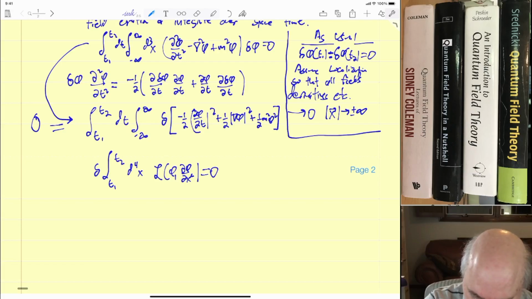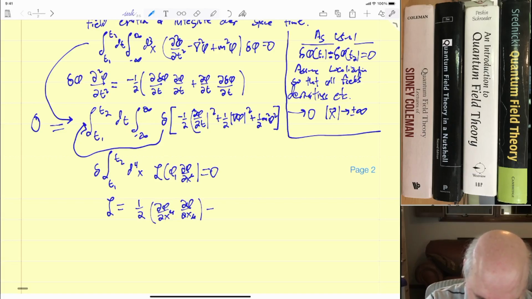So we bring this delta all the way out there, and so we end up getting our usual Lagrangian for the Klein-Gordon equation, which you can derive just by looking at it.